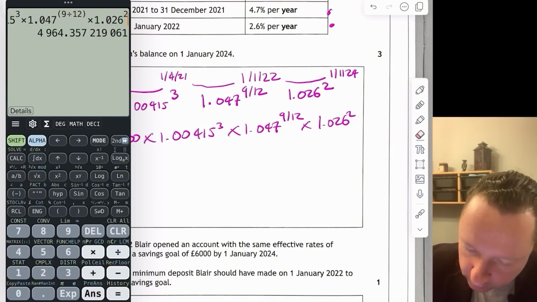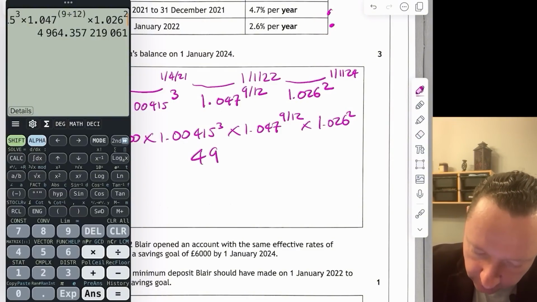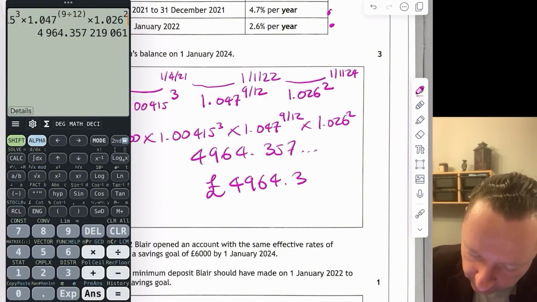And you get 4964.357. So to 2 decimal places, 4964.36.